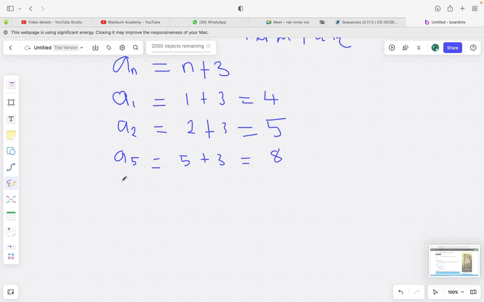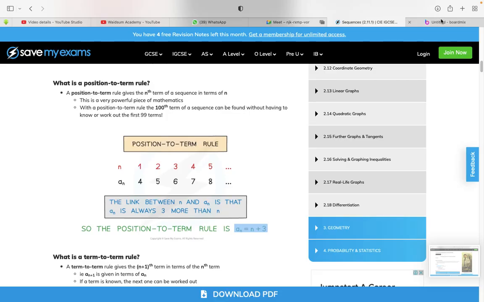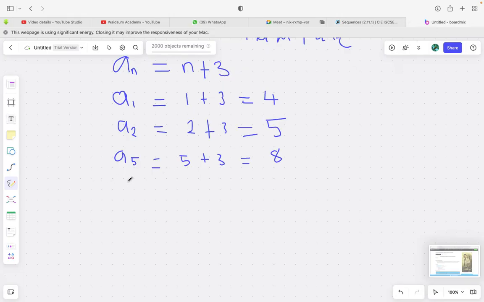If you want the 10th term, this will be 10 plus 3. Am I right? Position 10 plus 3. That will be 13.